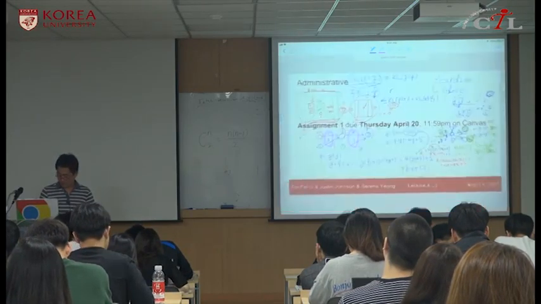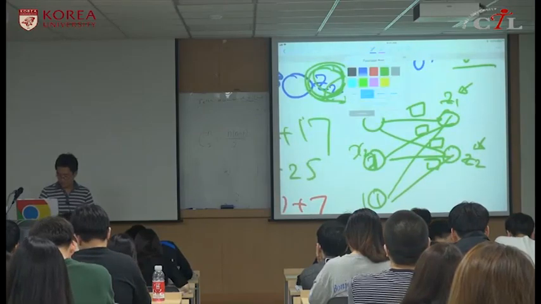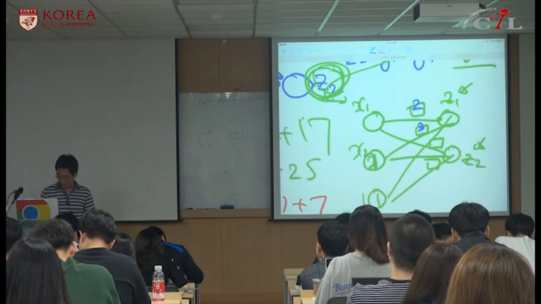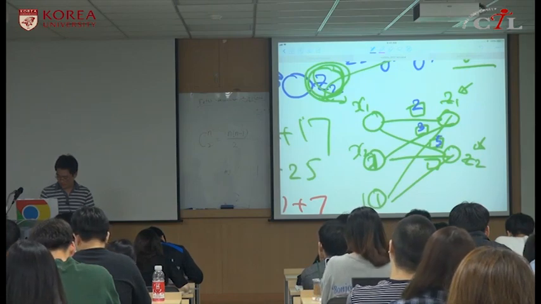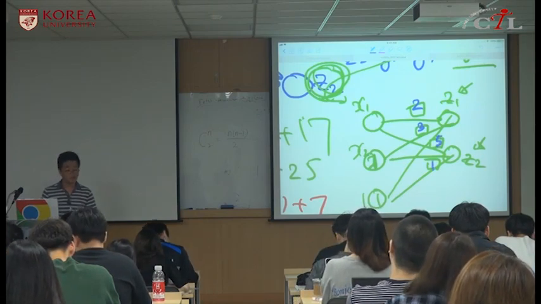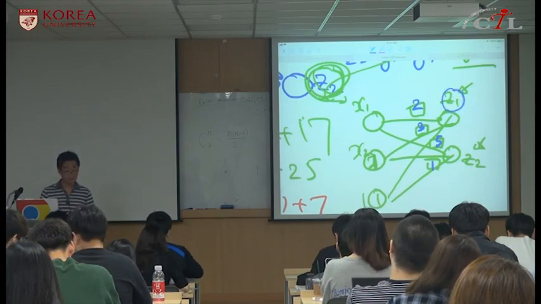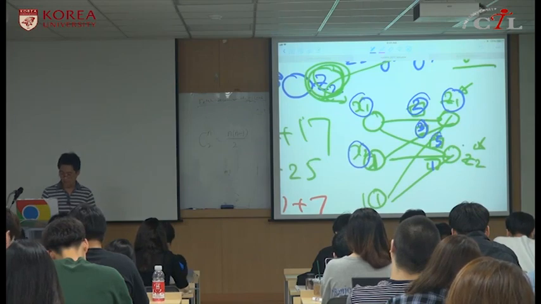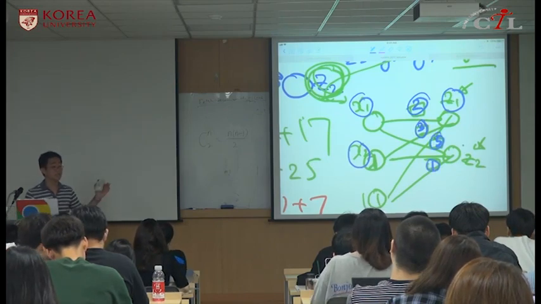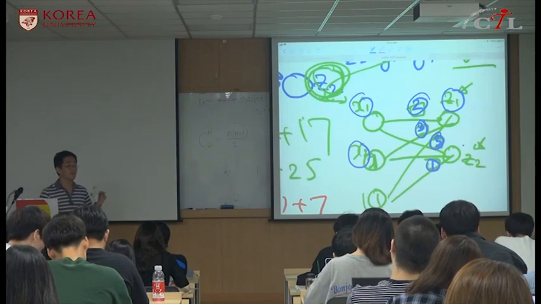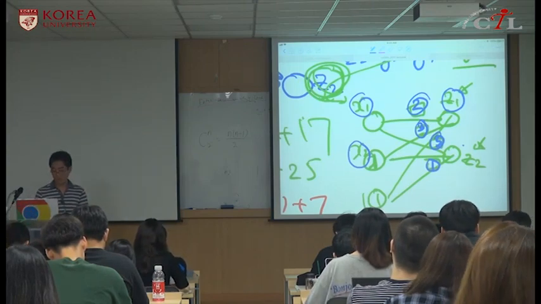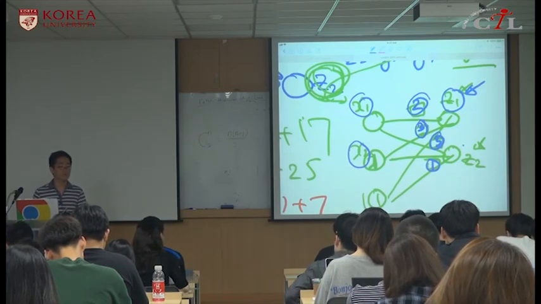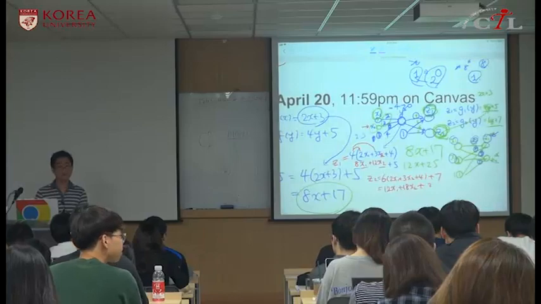But in the other case, we can freely assign any different parameters, like 2 and 3, and maybe 5 and 1. So Z1 has a ratio between x1 and x2 of 2 to 3, and Z2 has a ratio of 5 to 1, right? We have the freedom to choose whatever ratio we want for each of Z1 and Z2. That's the way this one layer is more powerful, right?